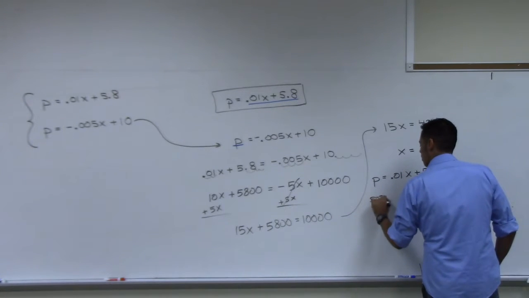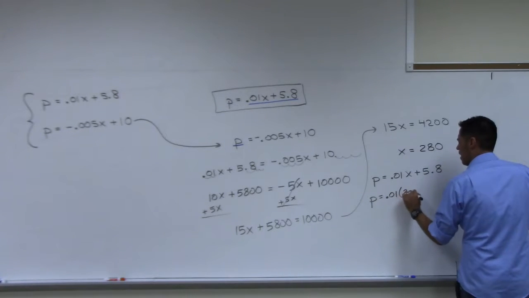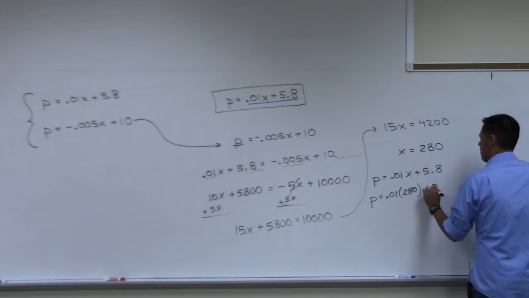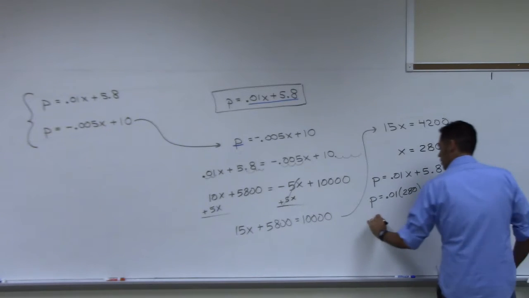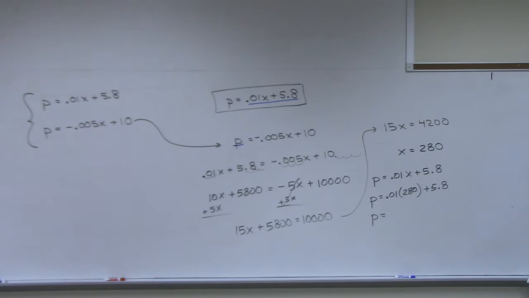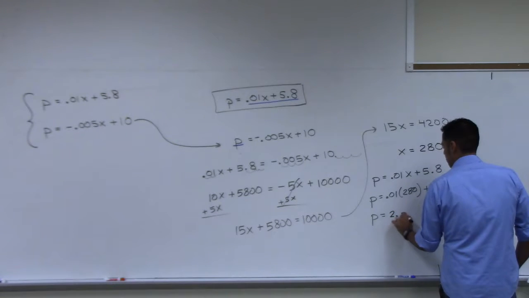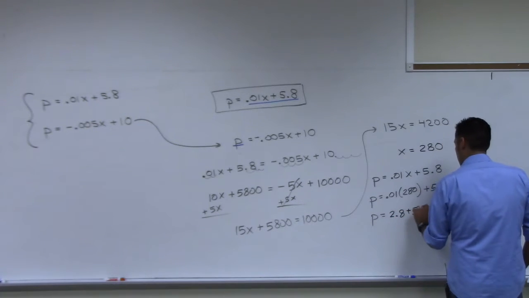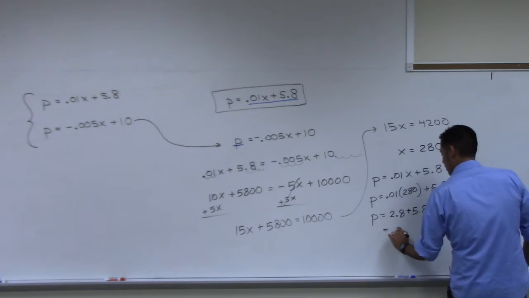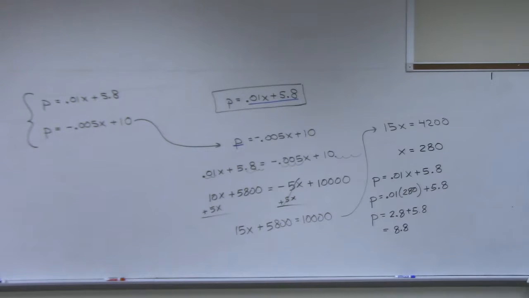So P equals 0.01 times 280 plus 5.8, which means P equals, what's that going to be? 0.01 times 280. 2.8 plus 5.8, which is 8.8? 8.6. 8.6, thank you.